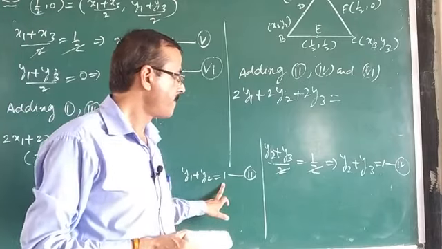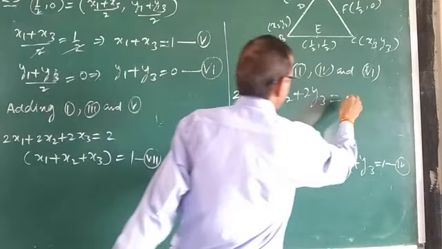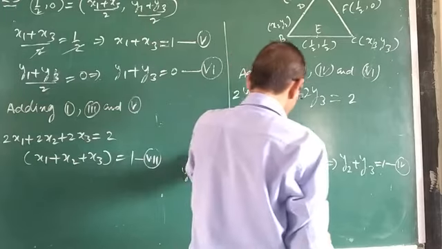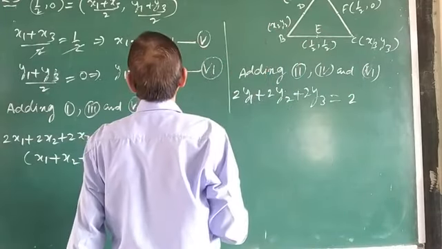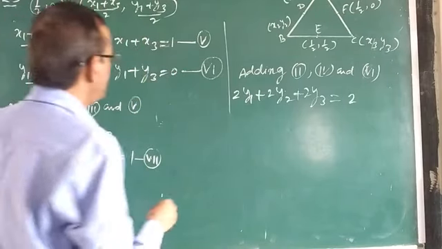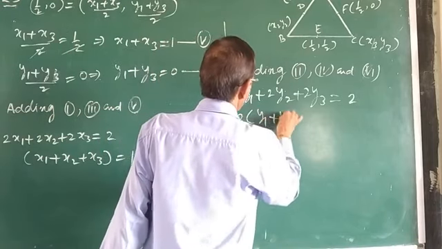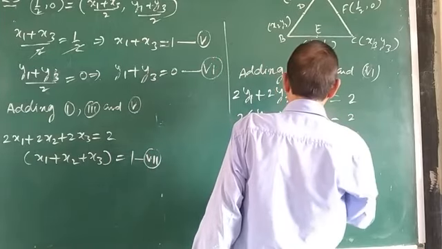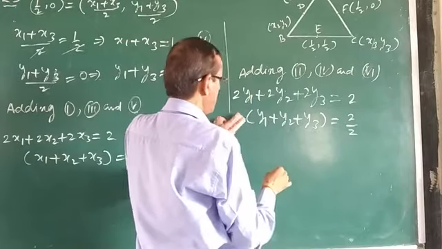1 plus 1 plus 0. Taking 2 common, y1 plus y2 plus y3 is equal to 2 upon 2, so it cancels.